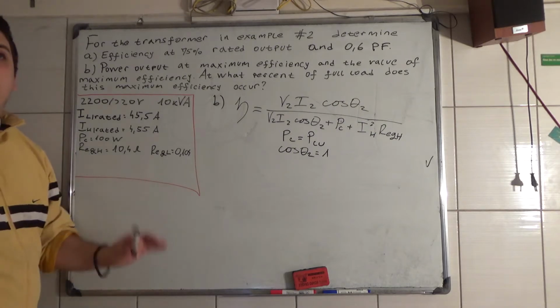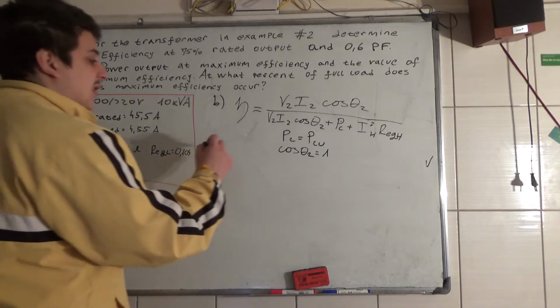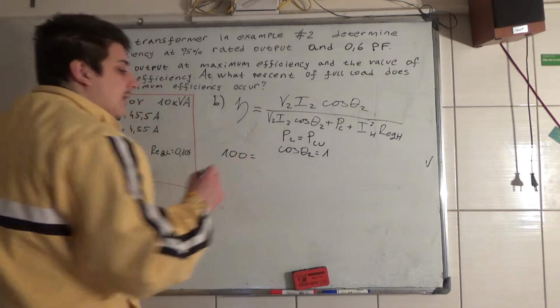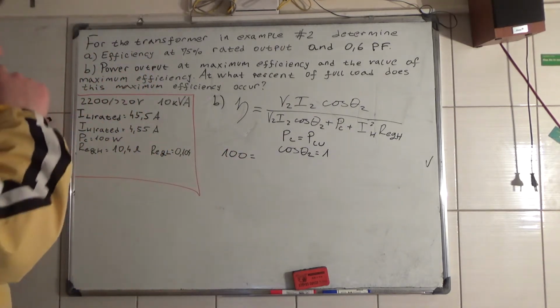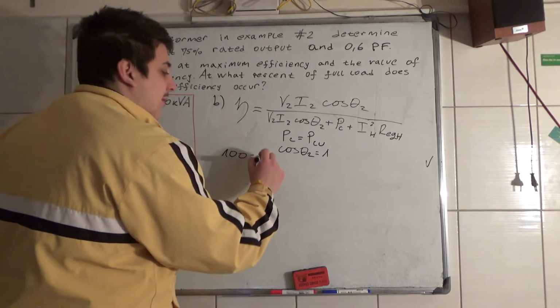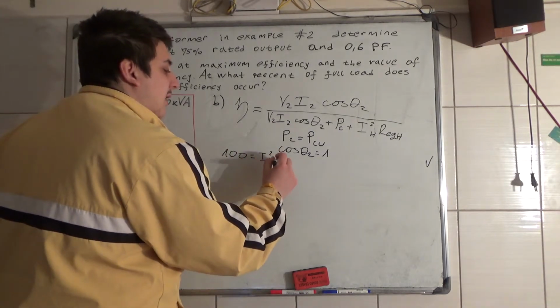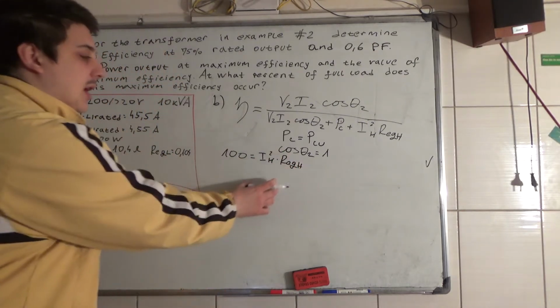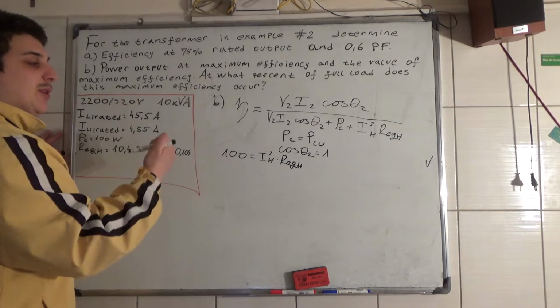So that's a rule. So the copper loss is 100. That is equal to, let's say from the high voltage side, IH squared times R equivalent H. So this is the copper loss, looking at it from the high voltage side.